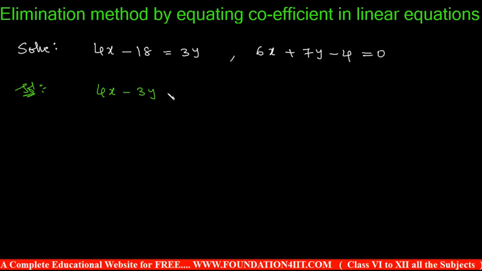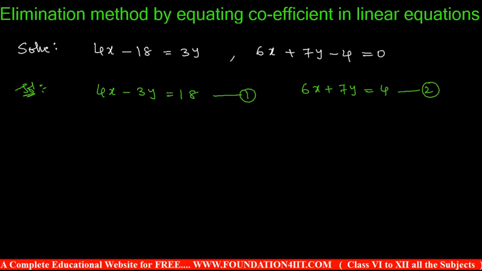So 4x minus 3y is equal to 18. Okay, let this be equation 1. Now this is 6x plus 7y minus 4, take it to the right, plus 4. Equation 2. If in equation 1 the RHS is a constant, you also make the second equation's RHS a constant. Then you can eliminate easily.